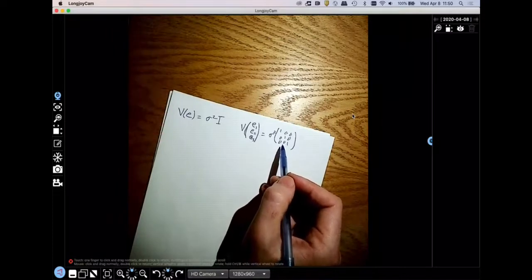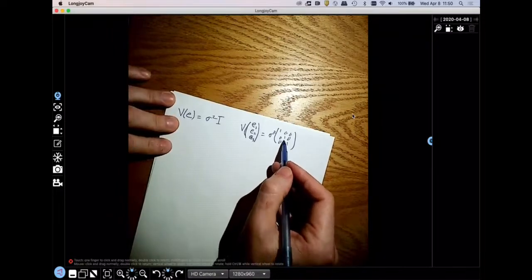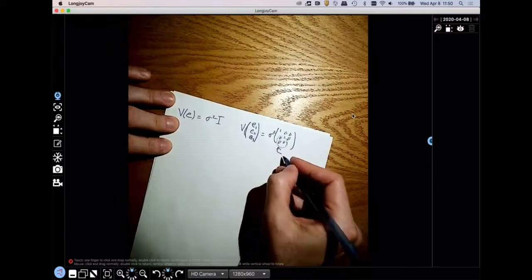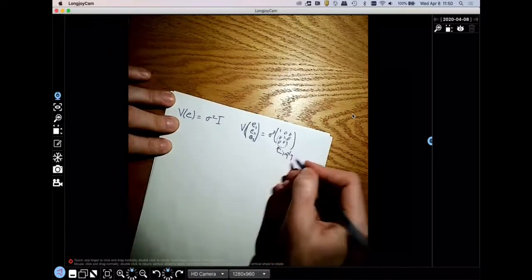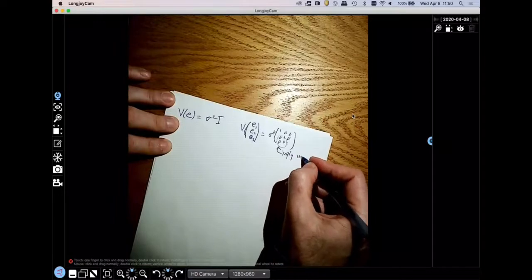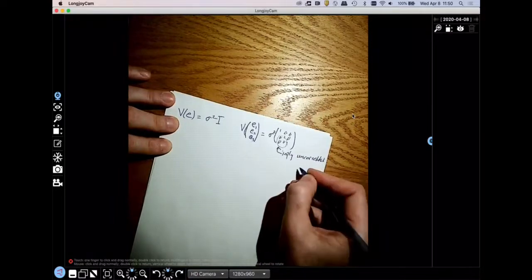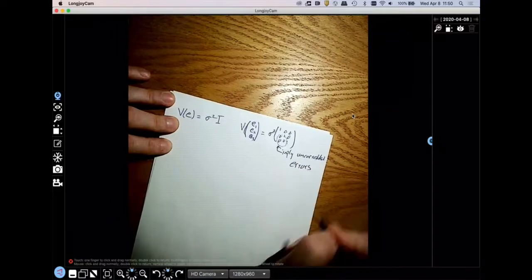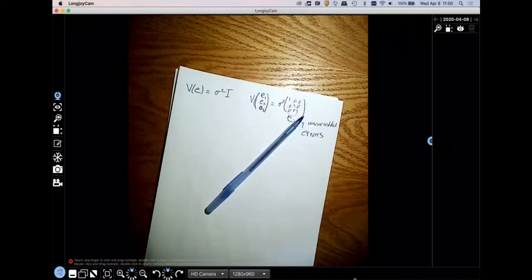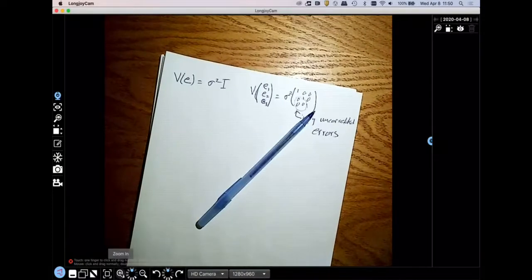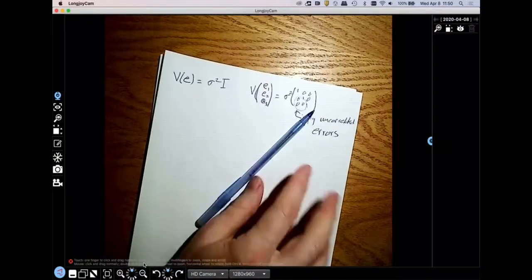And so that's why all of these zeros imply uncorrelated errors. I'm going to make my document camera a little bit bigger so that you can see the writing there. All right, good.